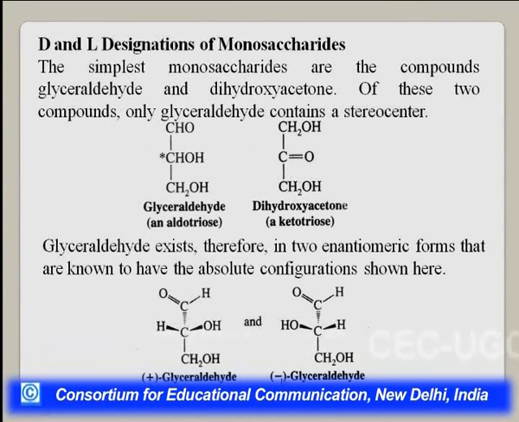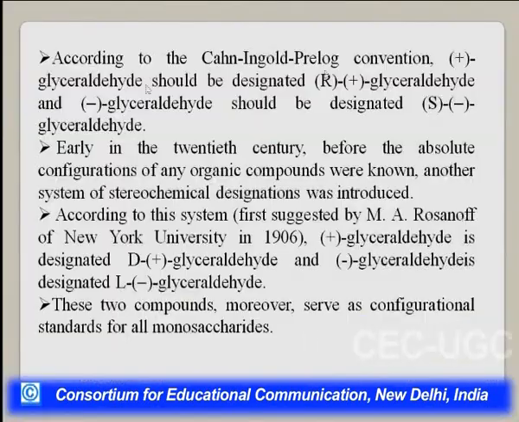In advanced nomenclature we use capital R or capital S, or small d or small l. According to the Cahn-Ingold-Prelog convention, plus glyceraldehyde should be designated as R-plus-glyceraldehyde.